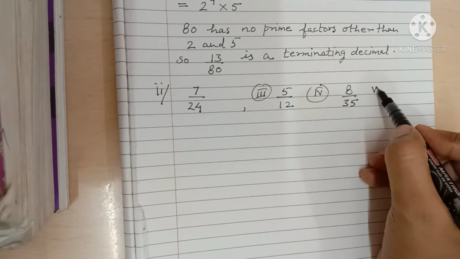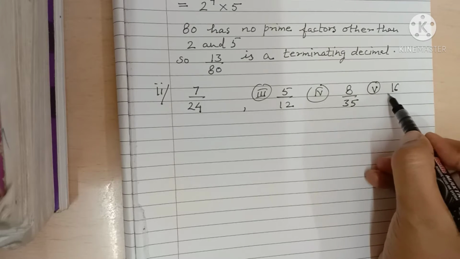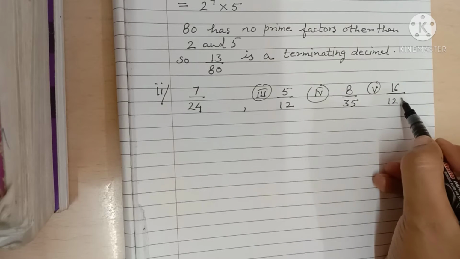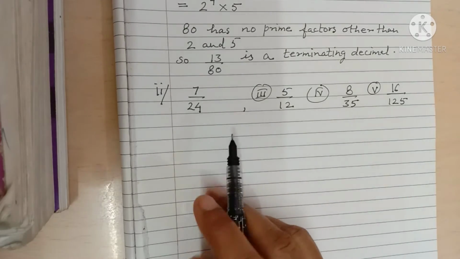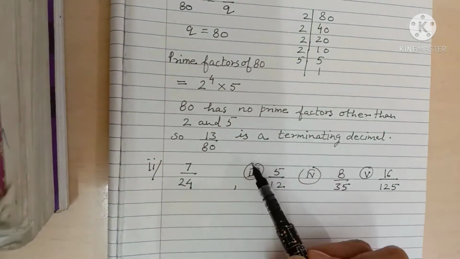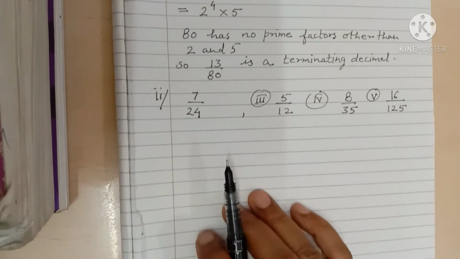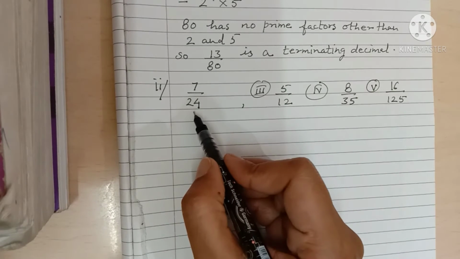Part fifth, 16 upon 125. Now I am not doing it like this. You will do it in this way, and I am showing only the prime factors of the denominator.